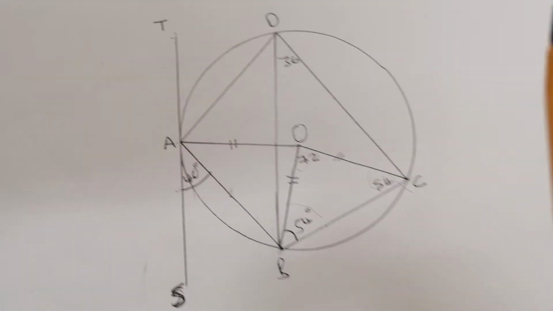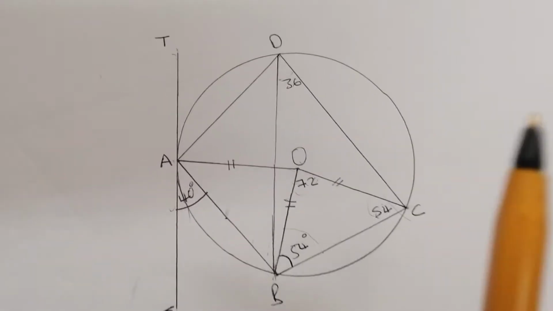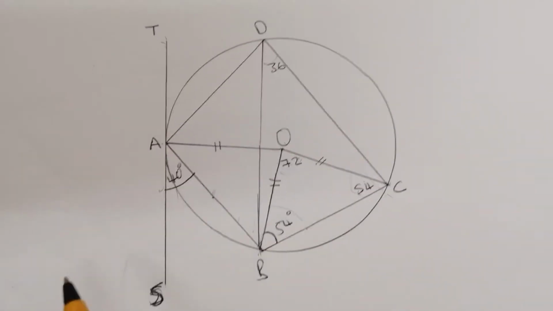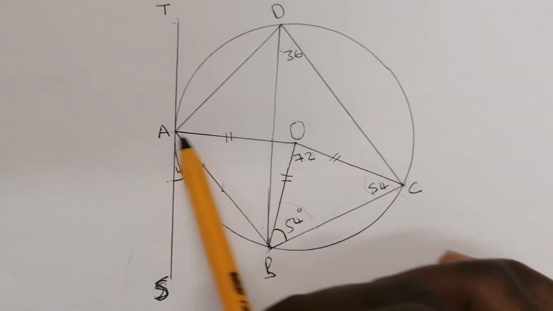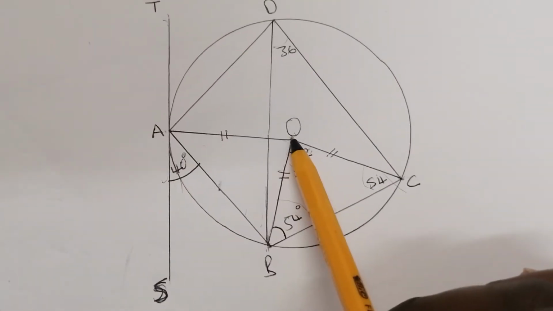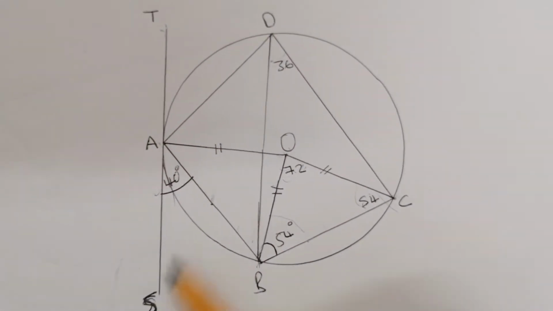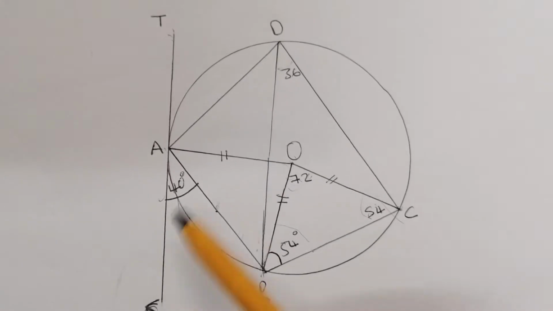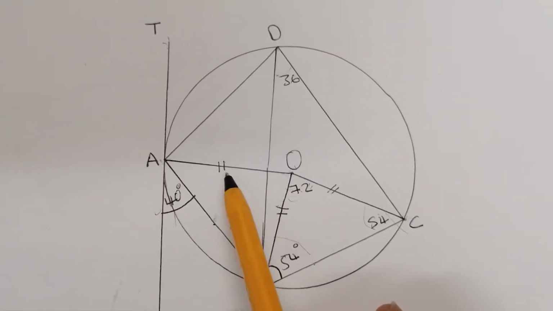You will see it on your theorems at the top left corner, the first one at the left side. We identify this as a tangent, so whenever this tangent meets a radius, 90 degrees is formed.